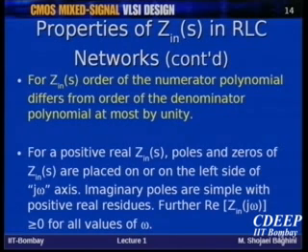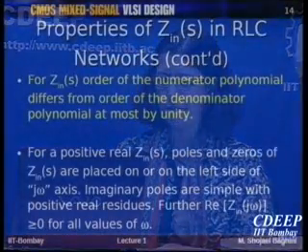The other property of Zin is that the order of the numerator polynomial differs from the order of the denominator polynomial by at most 1. So for example, you can have S^3 as the order of the numerator and S^4 as the order of the denominator, but you cannot have S^3 over S^5. So the order difference is at most 1.